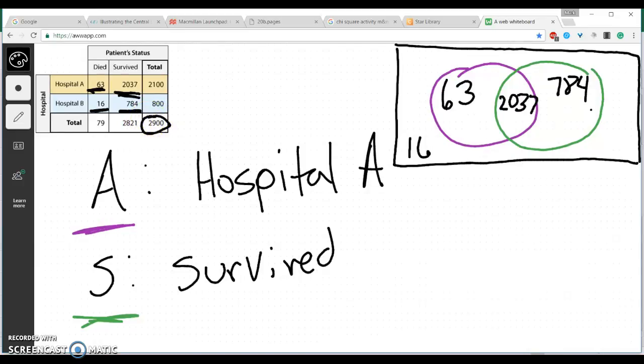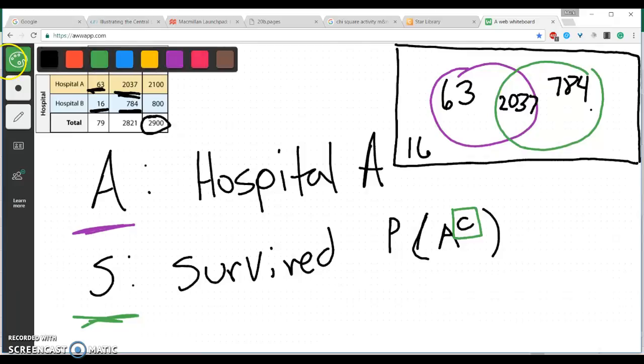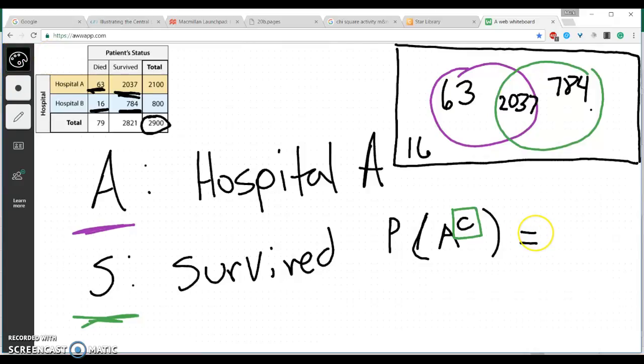So there's a couple probability things that we can do off this. Let's first look at the probability that somebody is not in A. How I would show that somebody is not in A would be this little C right here. That C means its complement, telling you that we do not want something in A. So everything that would not be in A would be this 784 and this 16.